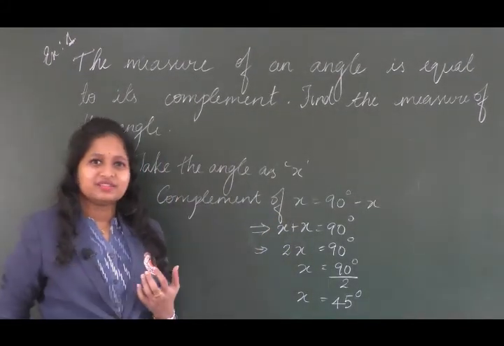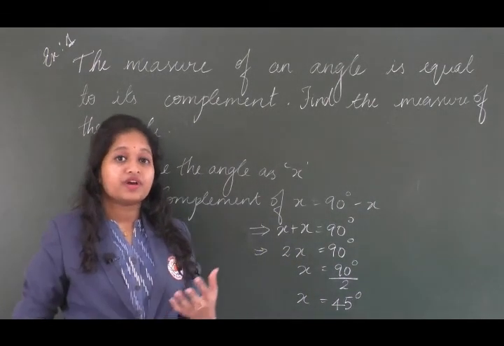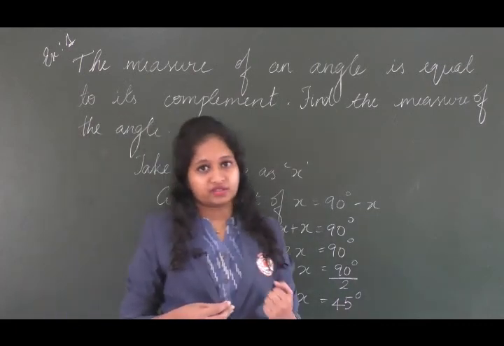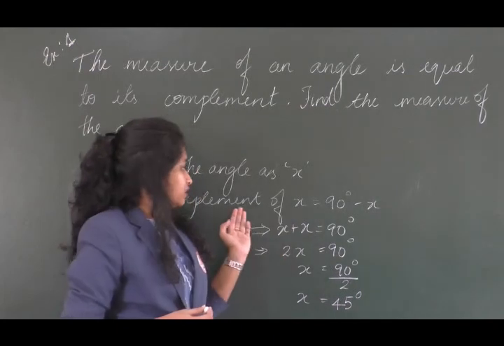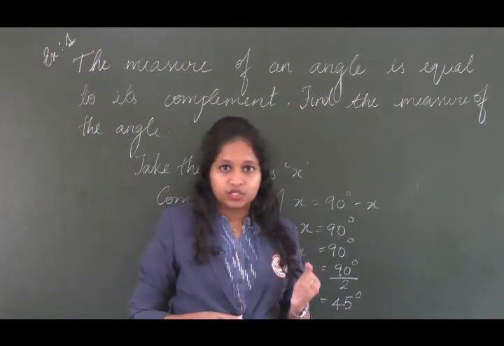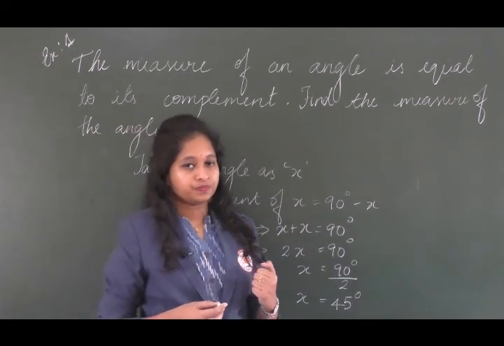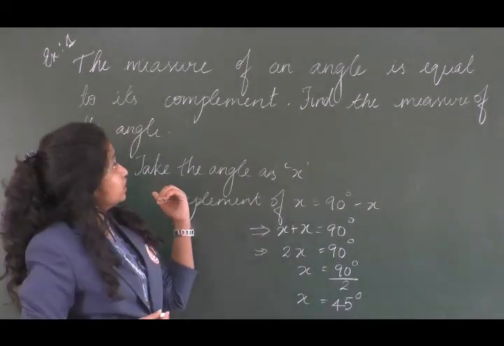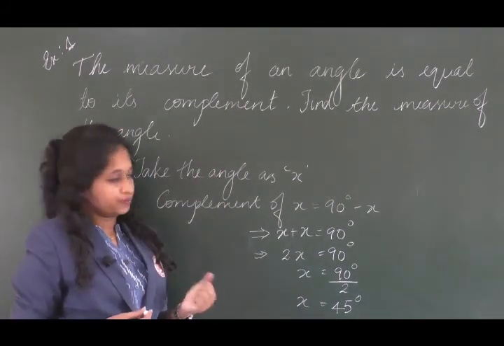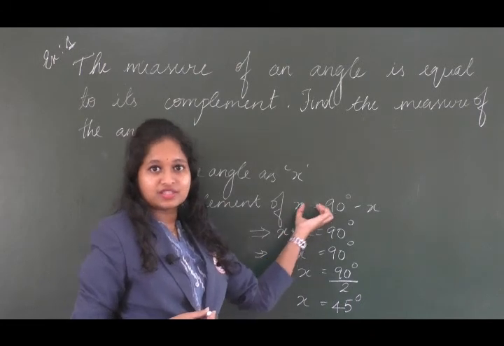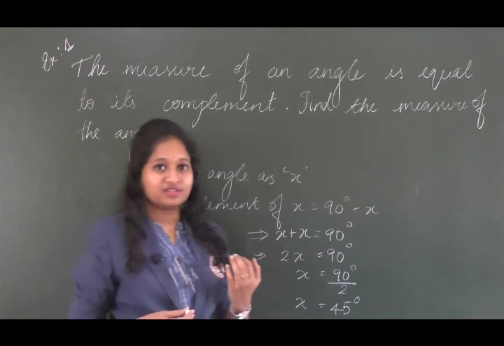So let's take the angle as X. We have to find the value of X. So we already learned that the complement of X is equal to 90 degree minus X. So what is given here? The measure of an angle is equal to its complement. X is equal to 90 degree minus X.